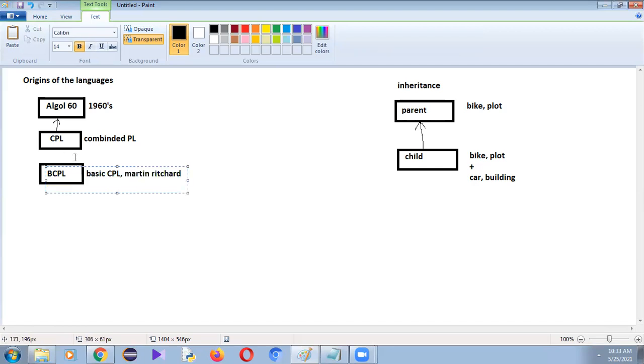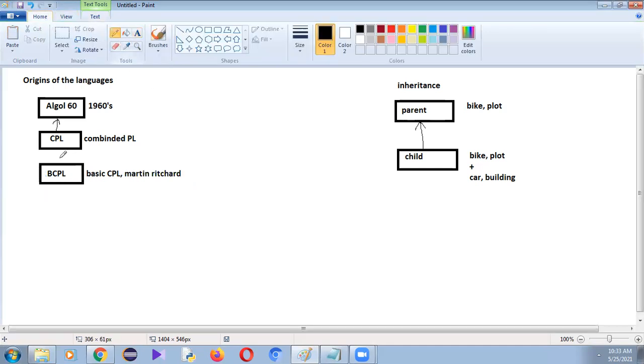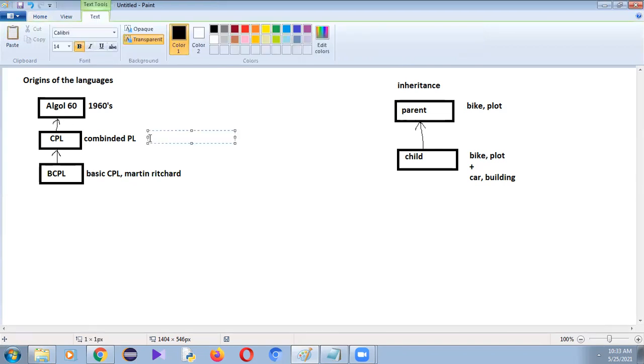For his own version of the language, he gave a name called BCPL. Again, this BCPL is inherited from CPL. That means BCPL contains all the features of CPL and some additional features. CPL was invented in the year 1963, and BCPL was invented in the year, I think, 1967.